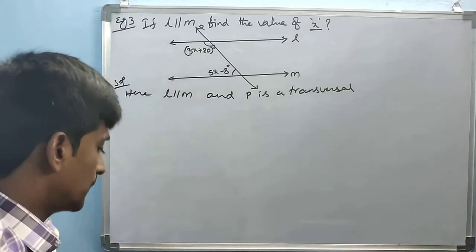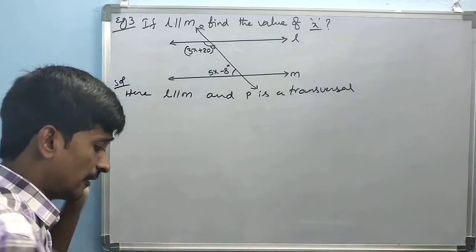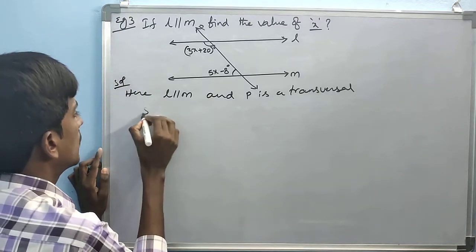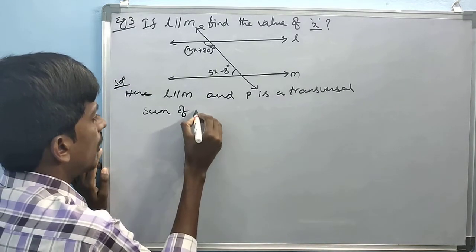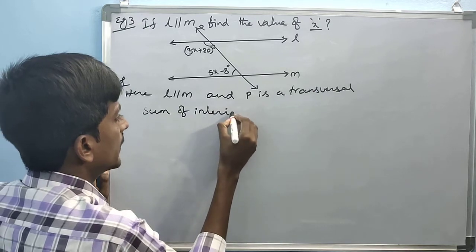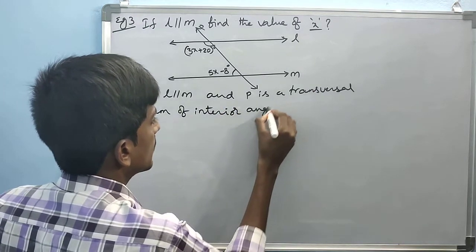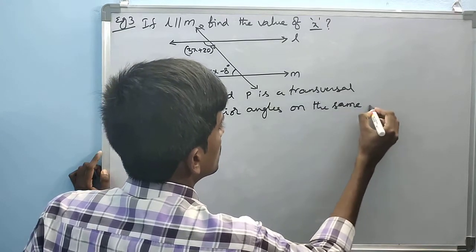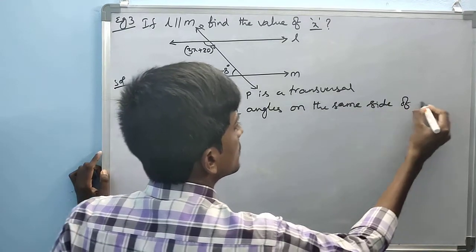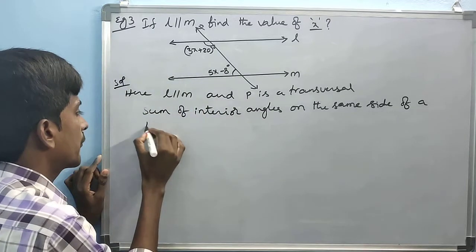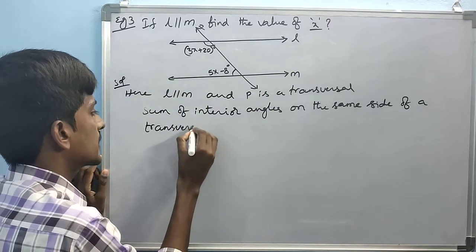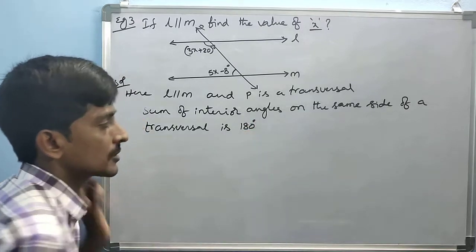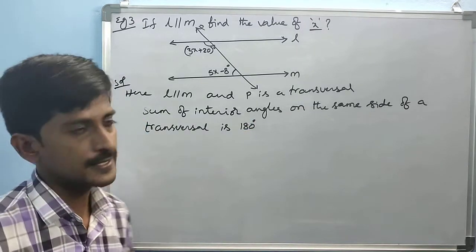So, what is the property of these two? Sum of interior angles on the same side of a transversal is always equal to 180 degrees.